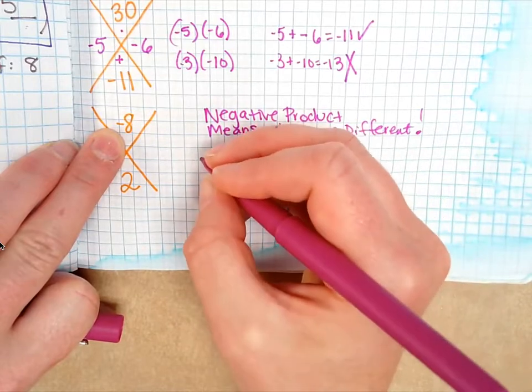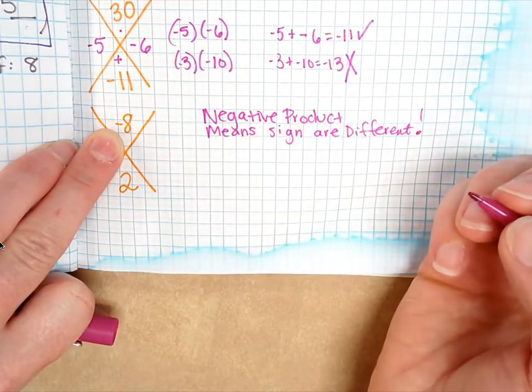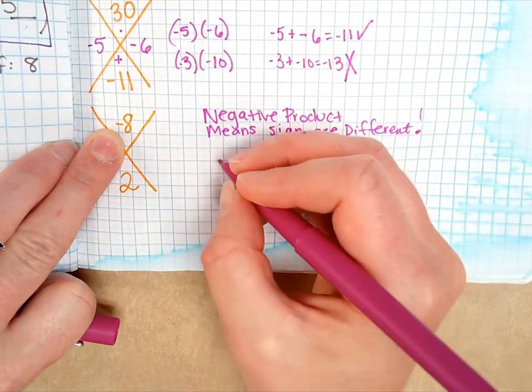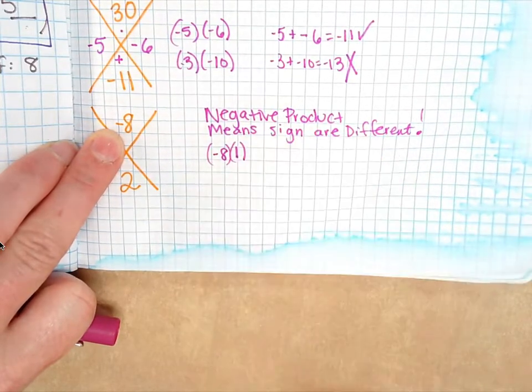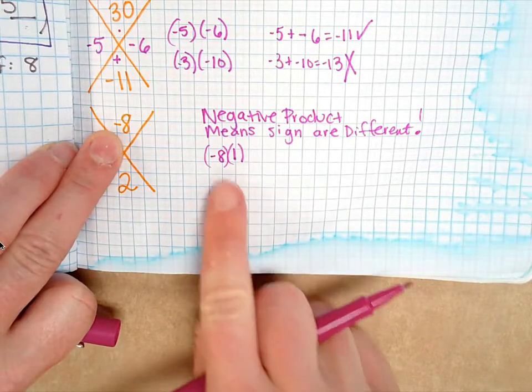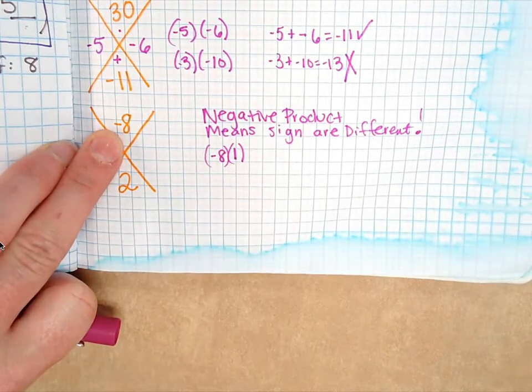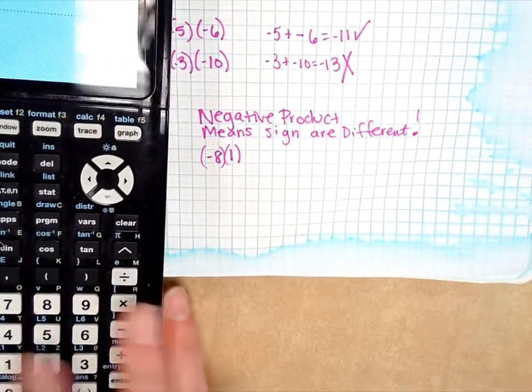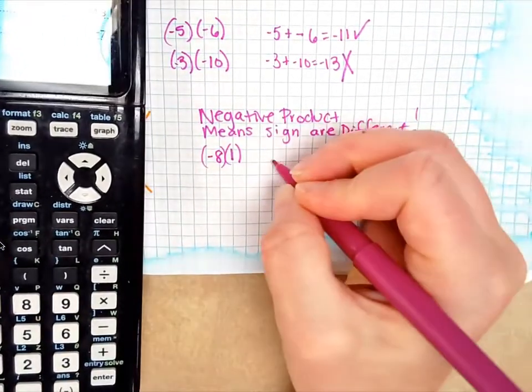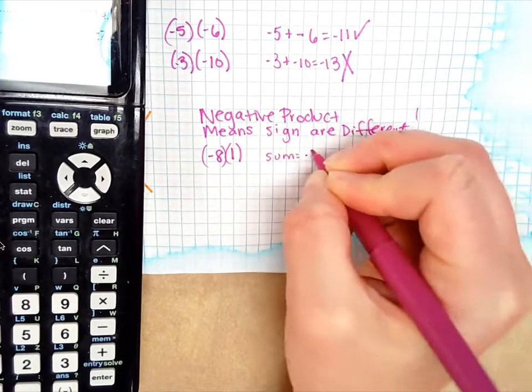So with negative 8, let's say it's negative 8 times a positive 1. That gives us the negative 8. But when you add them, negative 7. So that's not it.